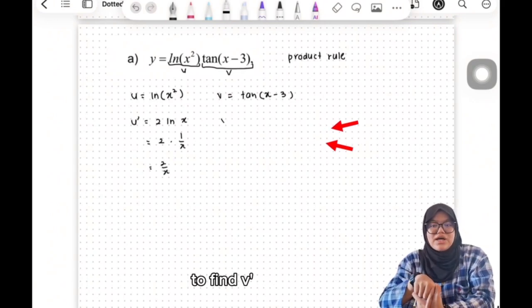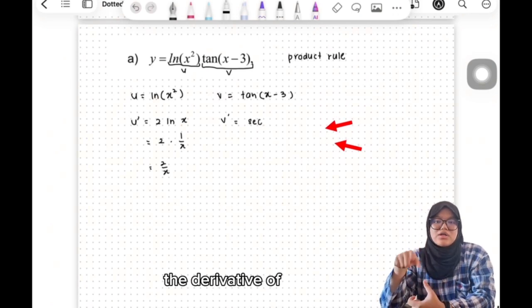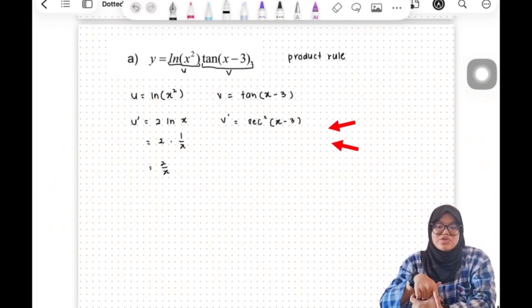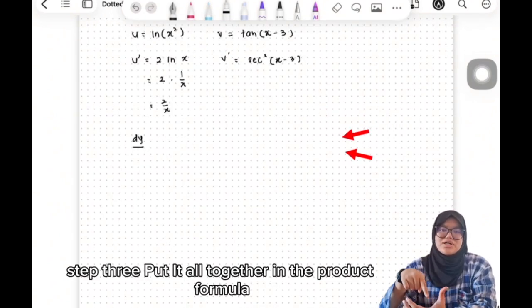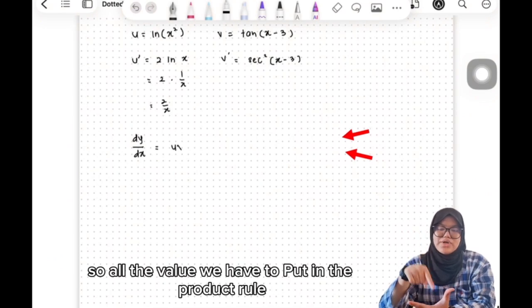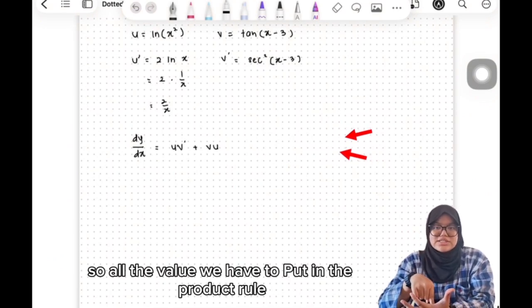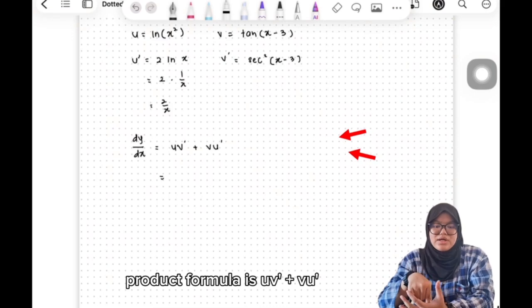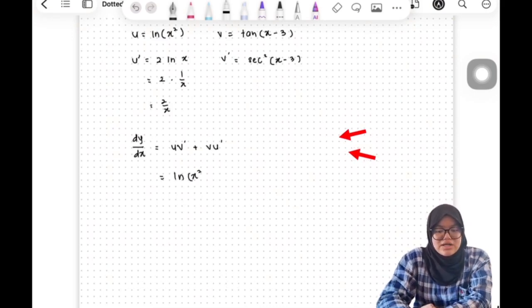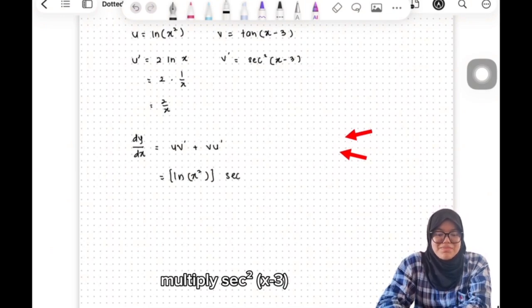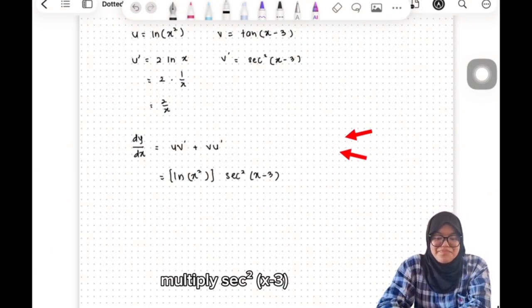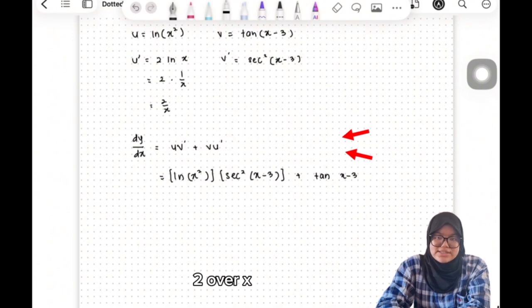To find v prime, the derivative of tan is sec squared. So we get sec squared of (x minus 3). Step 3, put it all together in the product formula, which is uv prime plus vu prime. So ln x squared multiplied by sec squared (x minus 3), plus tan(x minus 3) multiplied by 2 over x.